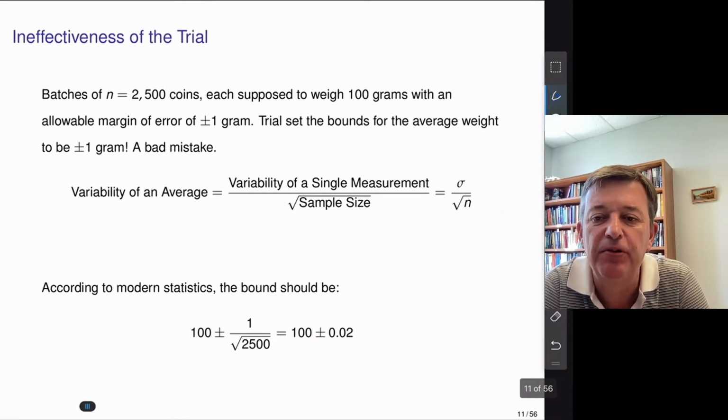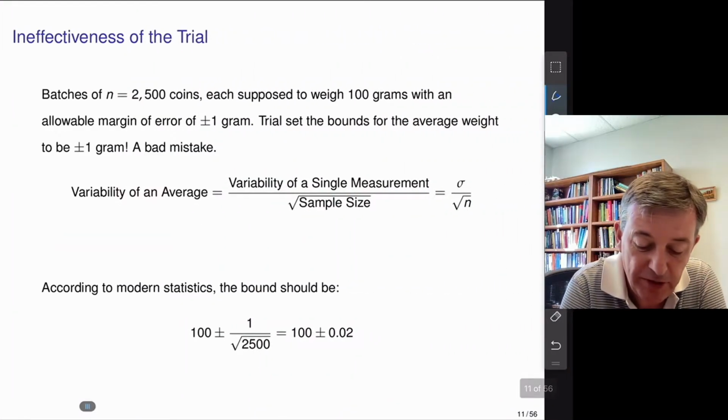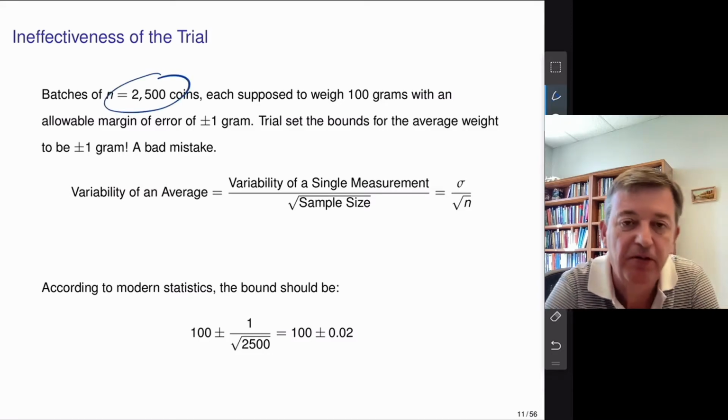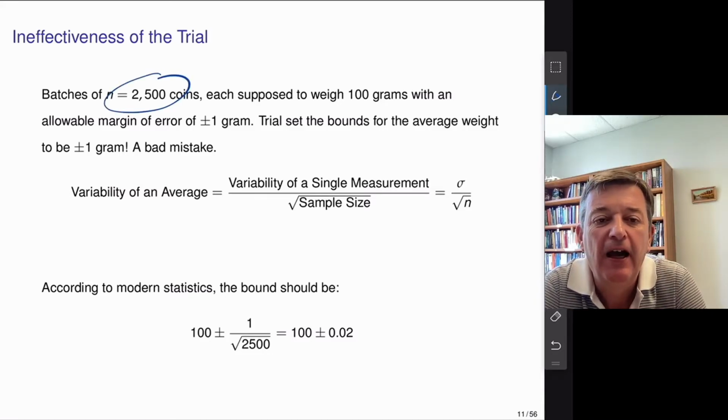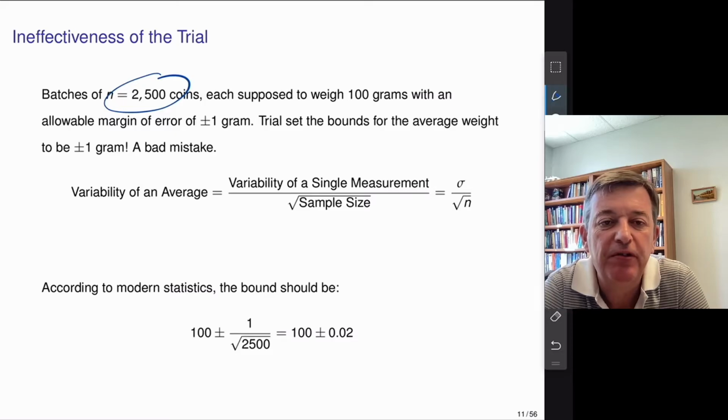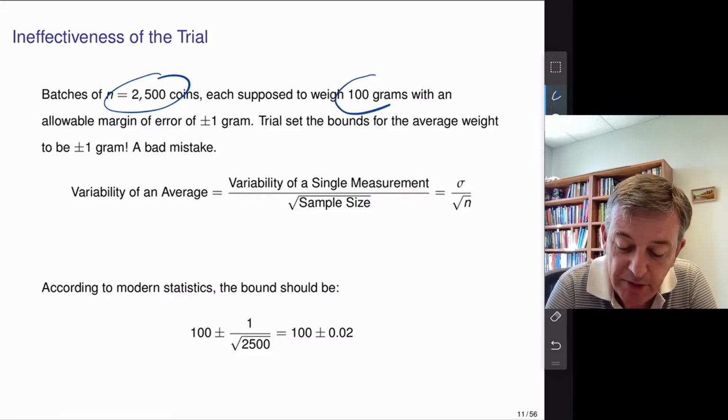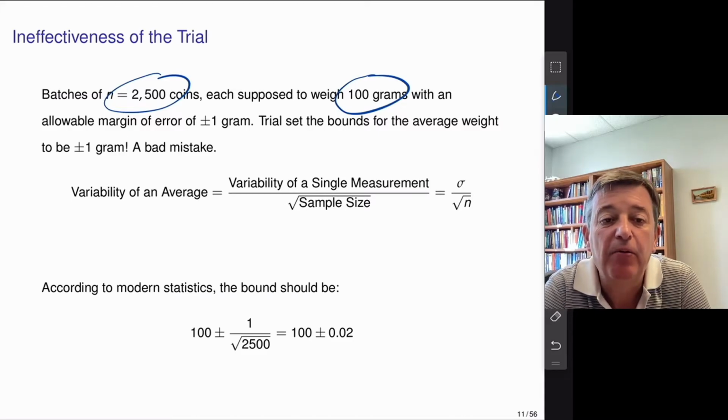And so the idea was to weigh a whole batch of coins. It was costly to do one coin at a time. So he would weigh a batch of coins, 2,500 for example, and they were supposed to weigh 100 grams. And the idea there, and remember this is 1720, was for him to work out what was the allowable margin of error for a sample size of 2,500.